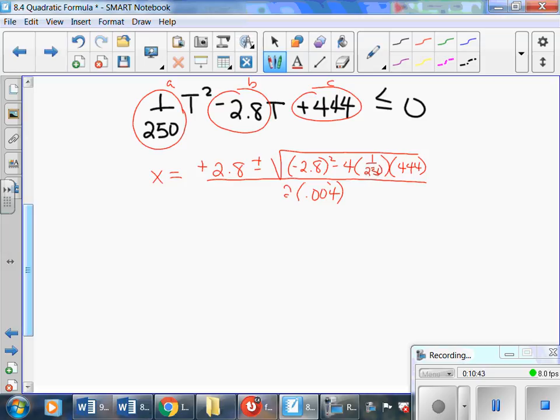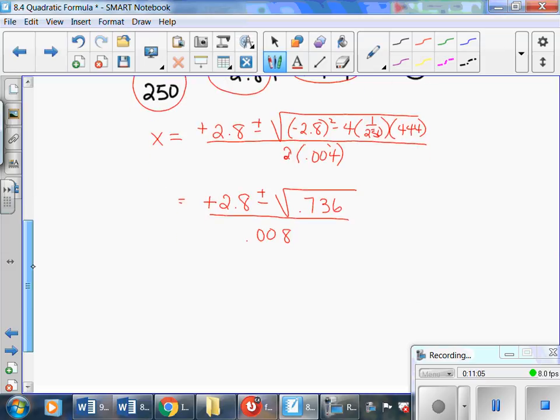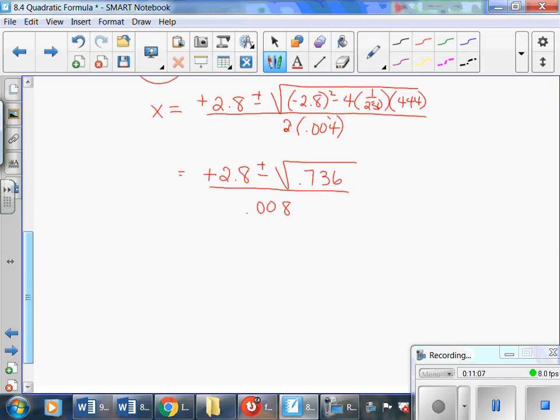So when I put this whole thing into my calculator, the first thing I'm always going to do is my discriminant. So 2.8 plus or minus the square root, and this comes out to be 0.736, divided by 0.008. All right, so I'm going to put this into my calculator now because remember I'm going to have 2.8 plus the square root of 0.736 divided by 0.008.